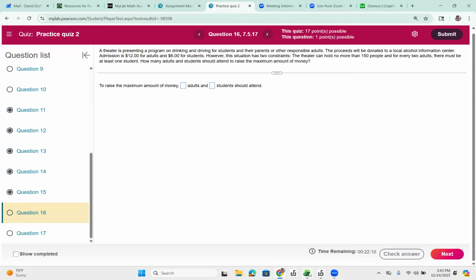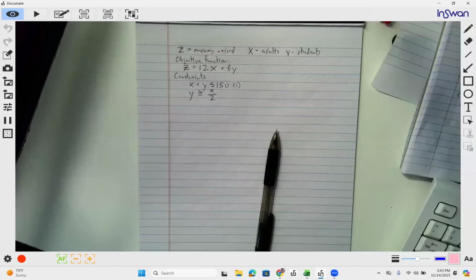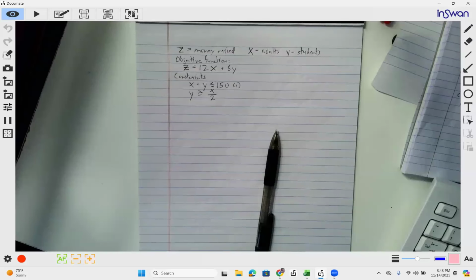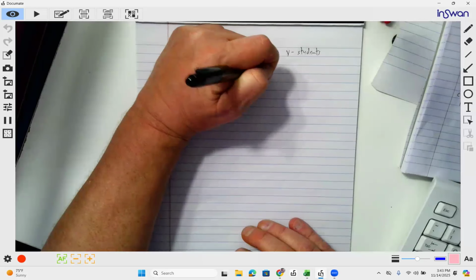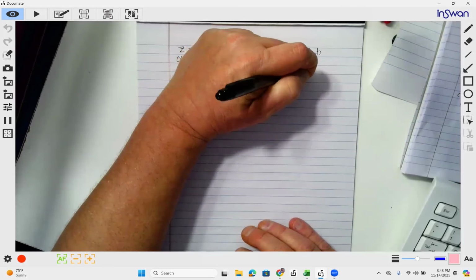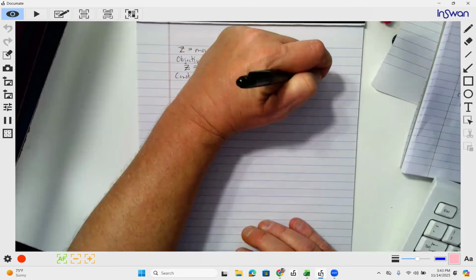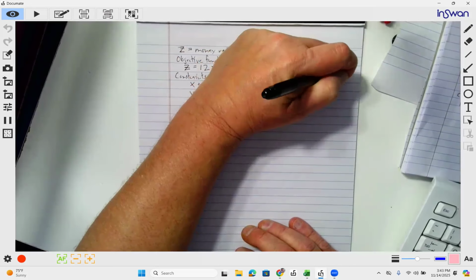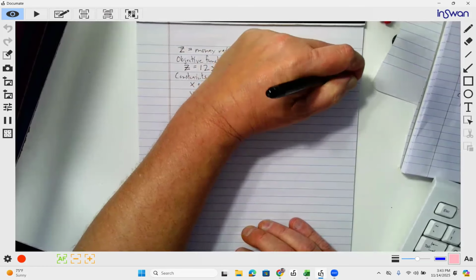But what I did was this. 2x plus y. So let me write, for every 2 adults there must be at least 1 student. So for every 2 adults there must be at least 1 student. I'm going to write that down. For every 2 adults, at least 1 student.